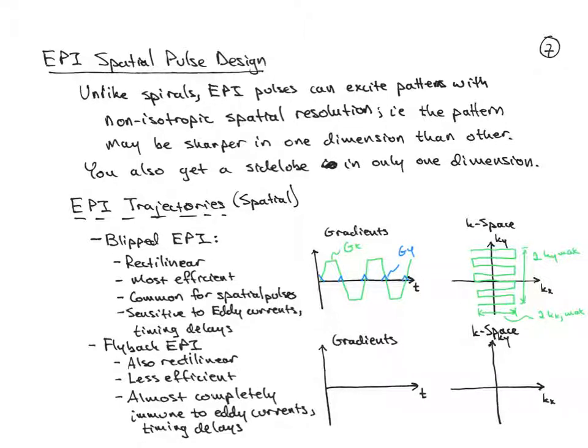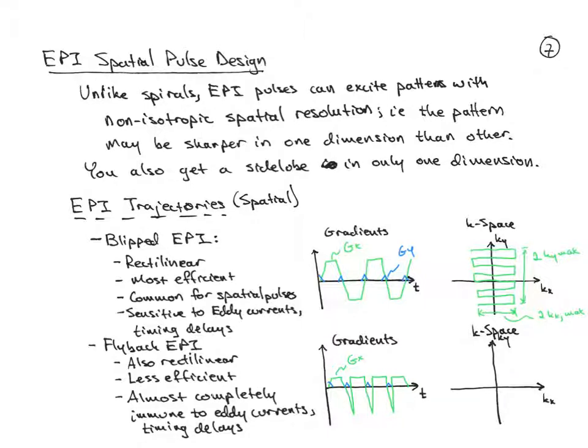You move along, you play out flat plateaus in between which you completely rewind your position in k-space. So this is the gx gradient, and this is the gy gradient, which you play during the flyback portions. These big troughs here are called the flyback portions, where you completely rewind the phase that you've accrued in kx.